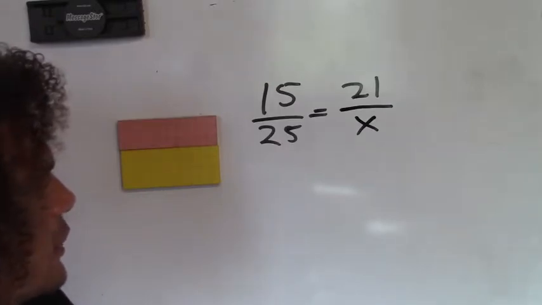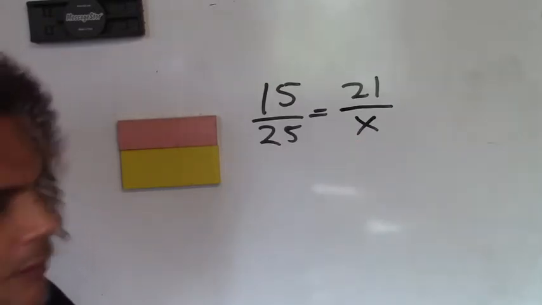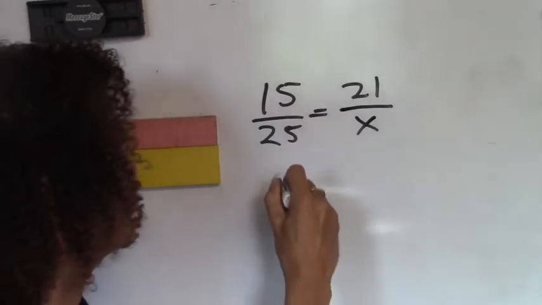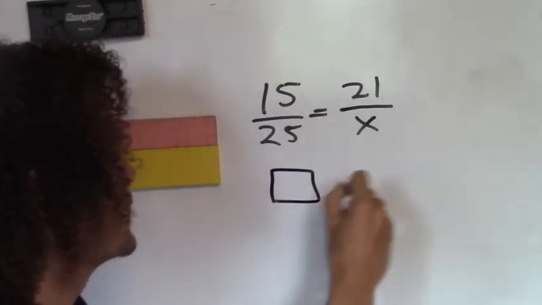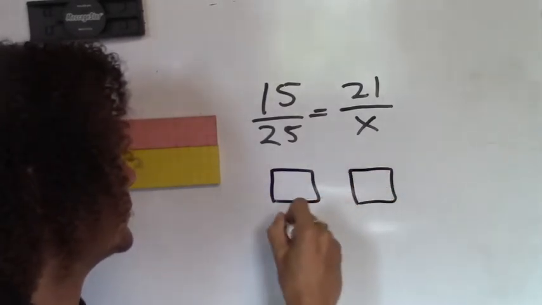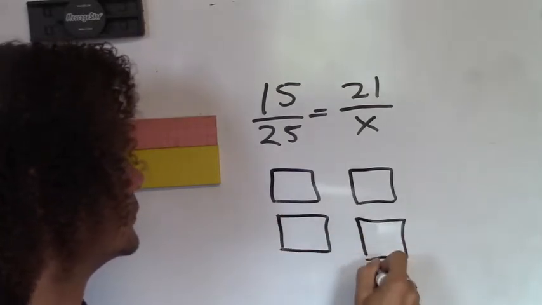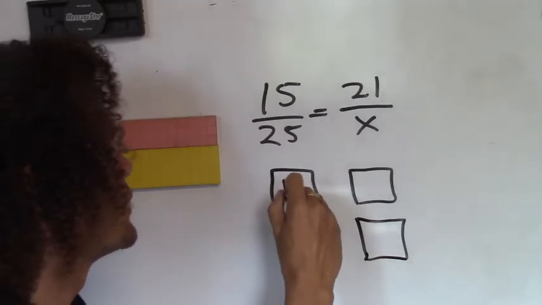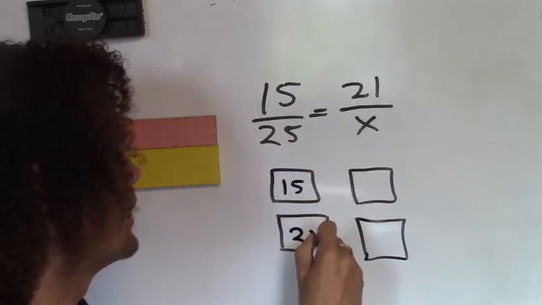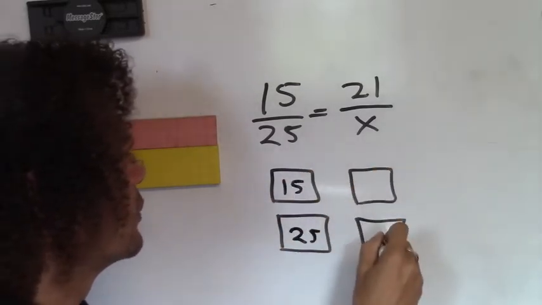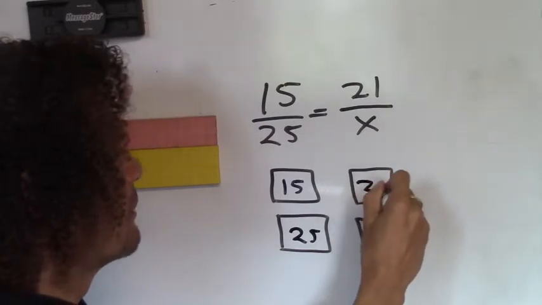Alright, you gotta tell me what X is. Your answer's on your page. Alright, so here, draw your boxes. Drawing the white boxes. So let's see, I know in this one it's 15. I know in this one it's 25. I don't know what's in this box, and I'm trying to figure out what's in that box.